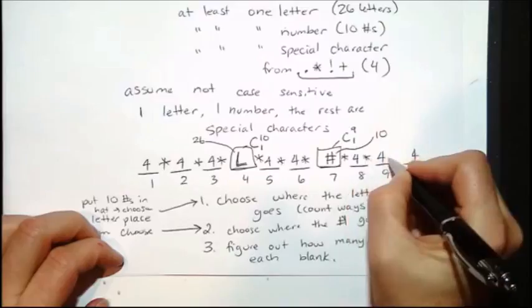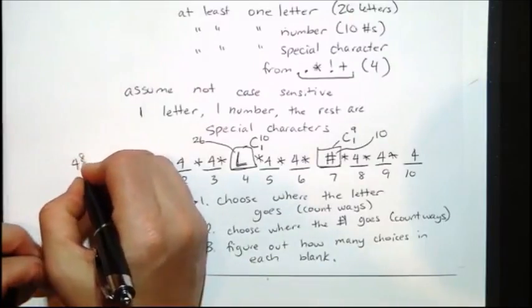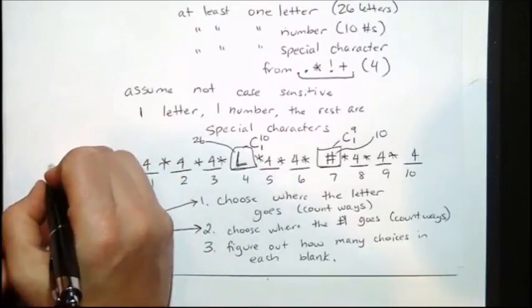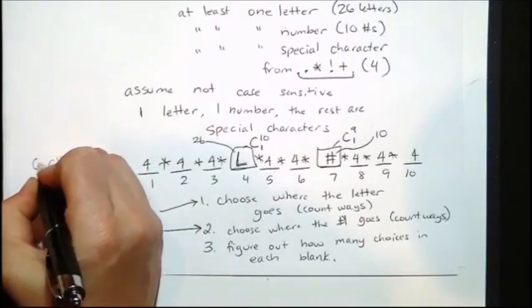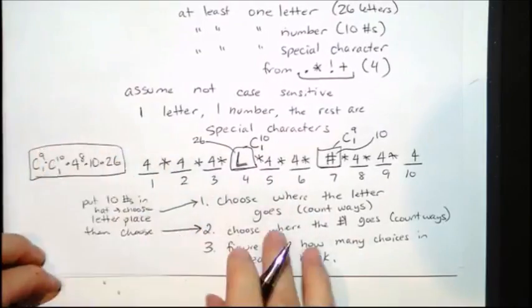So all the numbers that went in those blanks, I'm going to multiply together. So it's going to be 4 raised to the 8 times 10 times 26, and all of that's going to be multiplied by C(10,1) and C(9,1), all multiplied together to give us this answer.